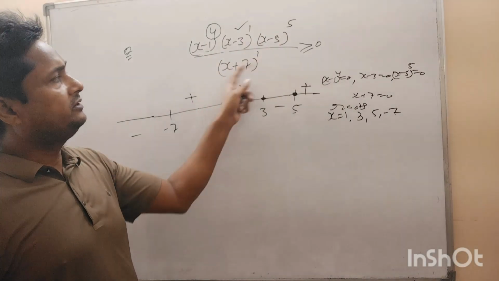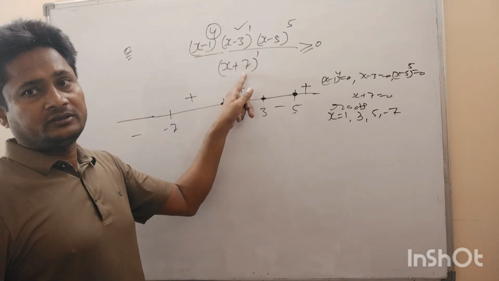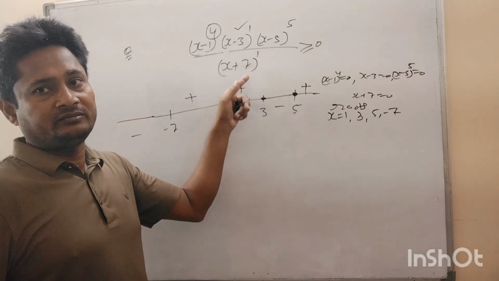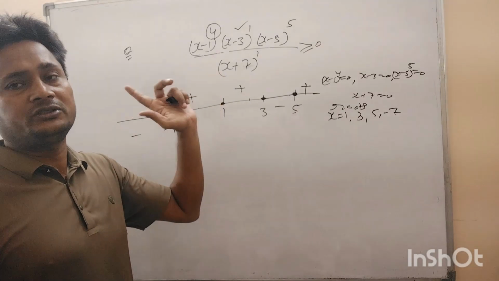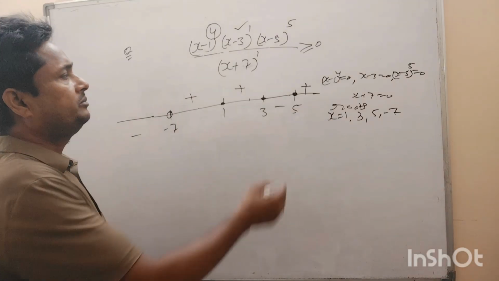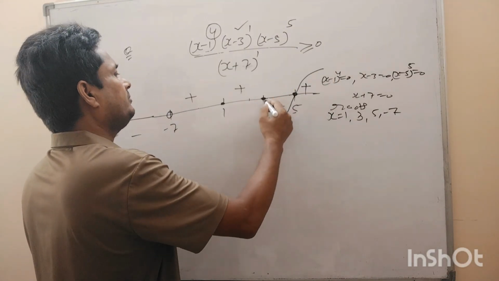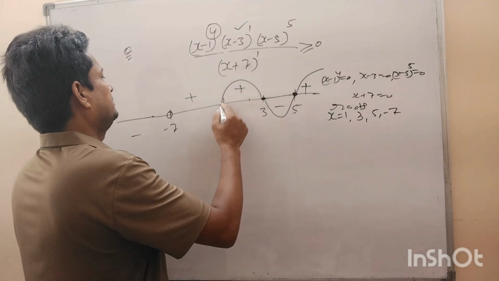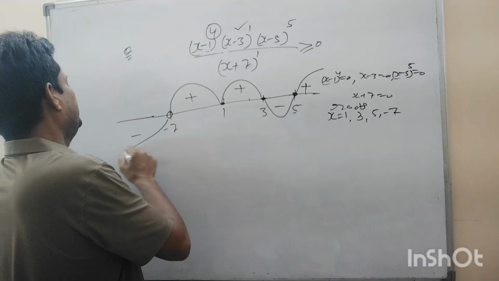It came from the denominator. So minus 7 plus 7 becomes 0, and it is in the denominator. Denominator cannot be 0. So this number will be excluded. Now make the sign. It is plus, so this one minus, plus, then again plus, then again it is minus sign.